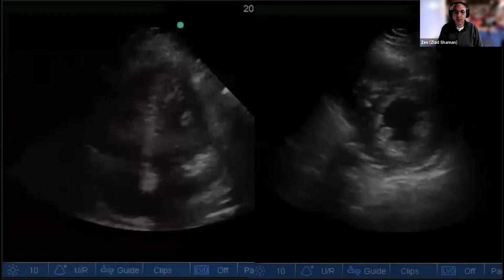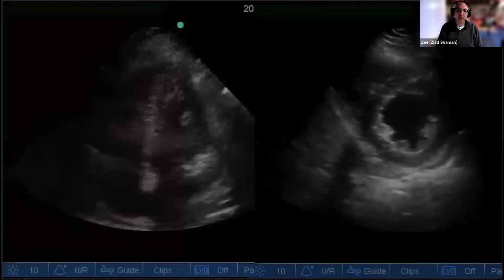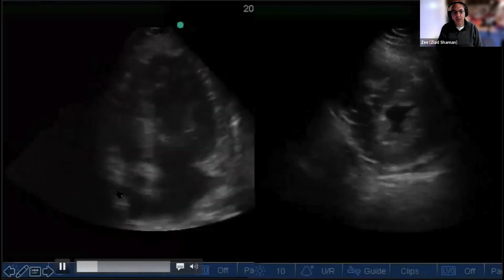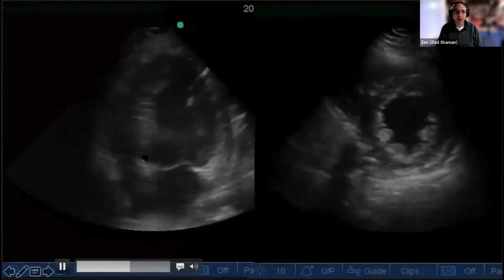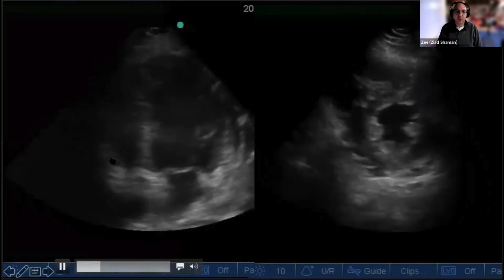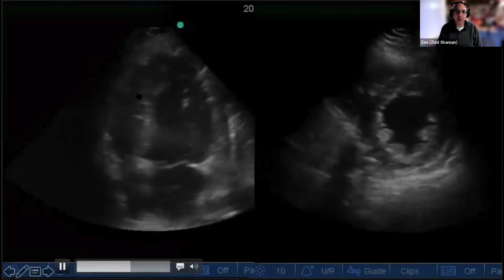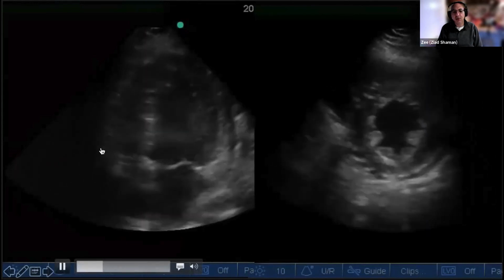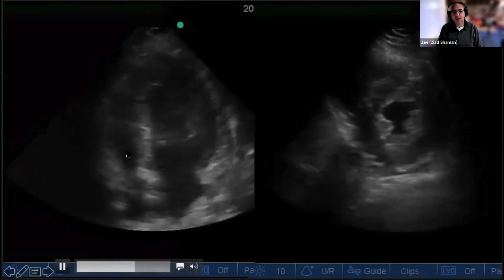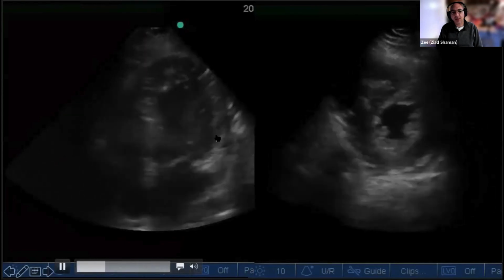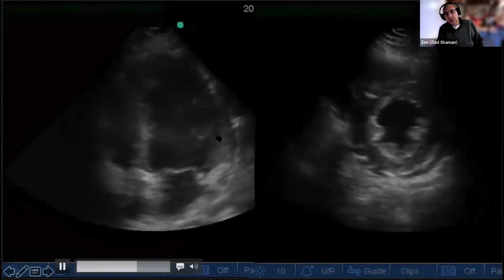You start with the LV and RV, the ventricular views, and you get these views. So just eyeballing basically the apical 4 view, as long as you haven't foreshortened the LV, you decide that you don't have a large right ventricle that's bigger than the left ventricle.